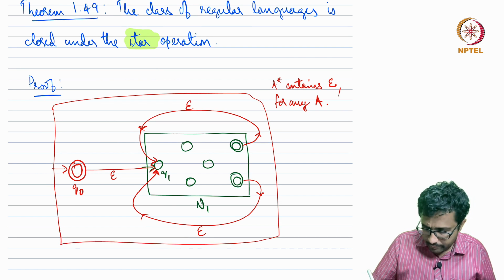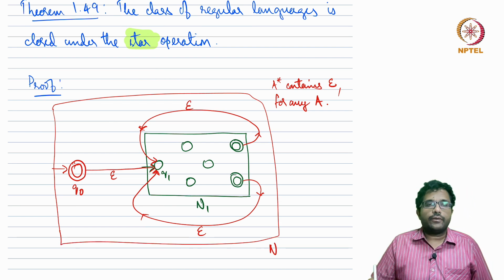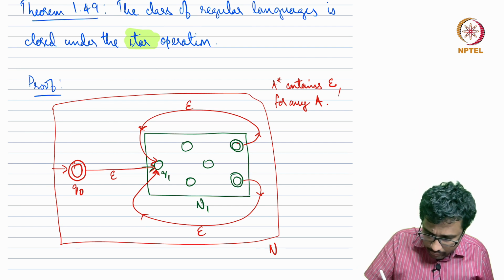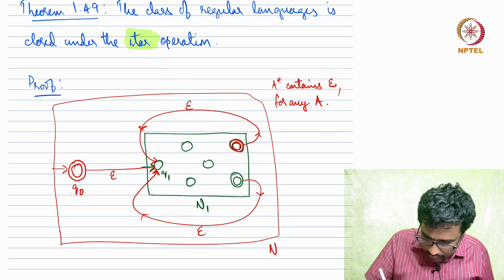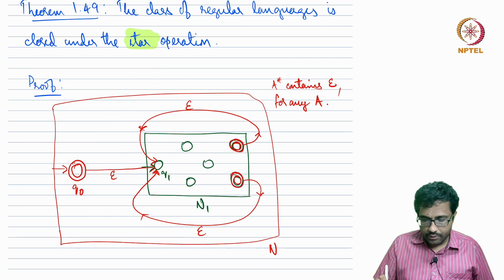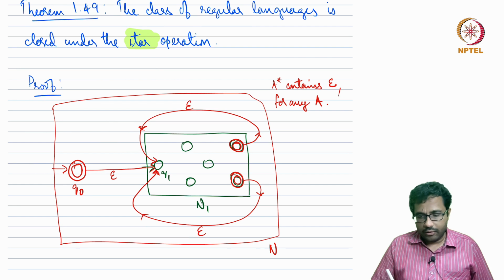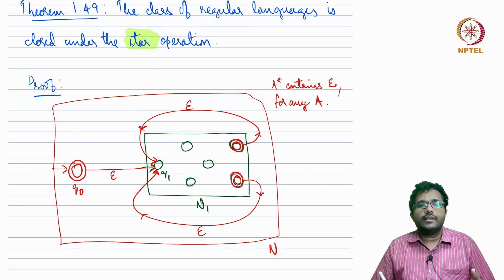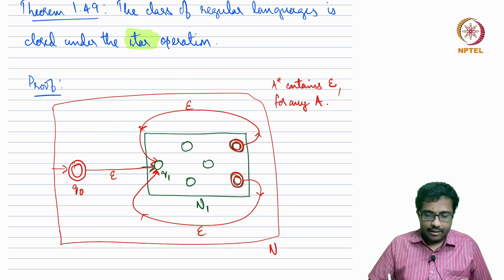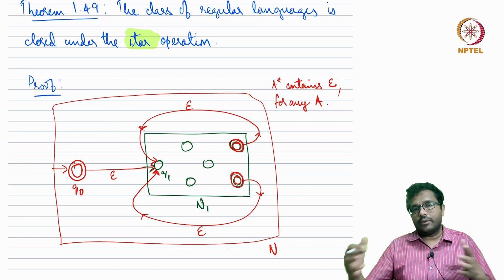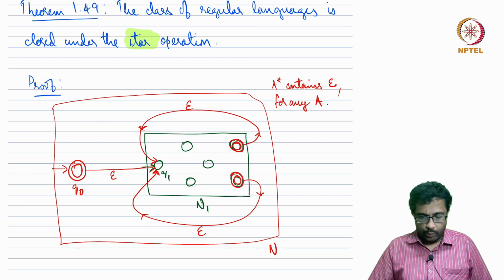The accept states of N are Q0 and the original accepting states of N1, and the start state of N is small q0, and that's it. So now we are accepting both the empty string as well as x1, x2, x3 or x1, x2, x3, x4, where each of these xi's are in A1.